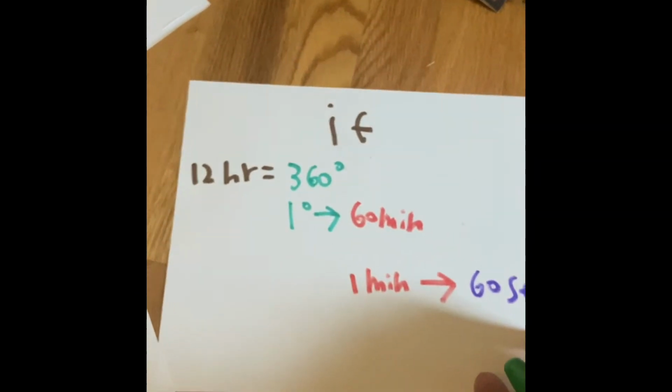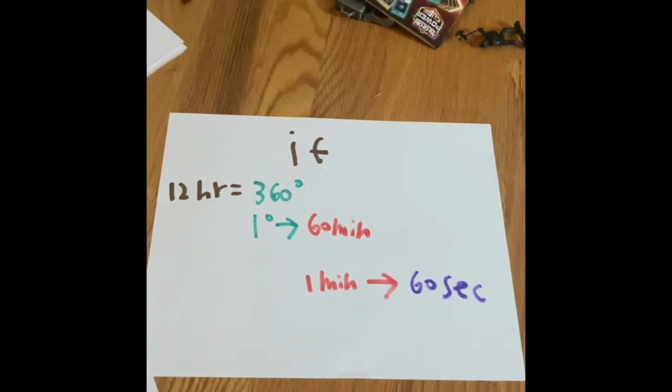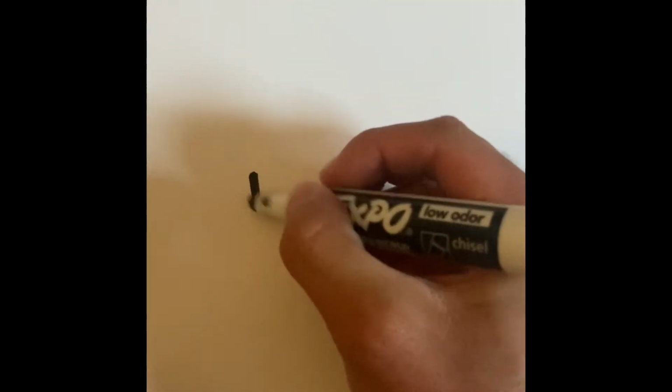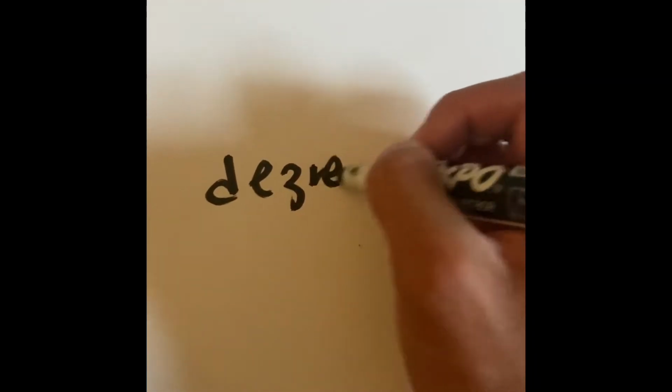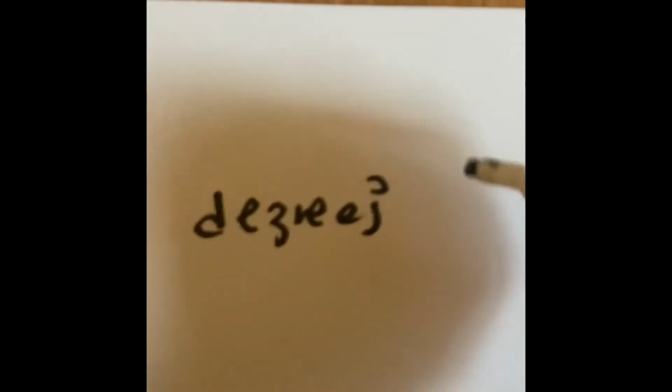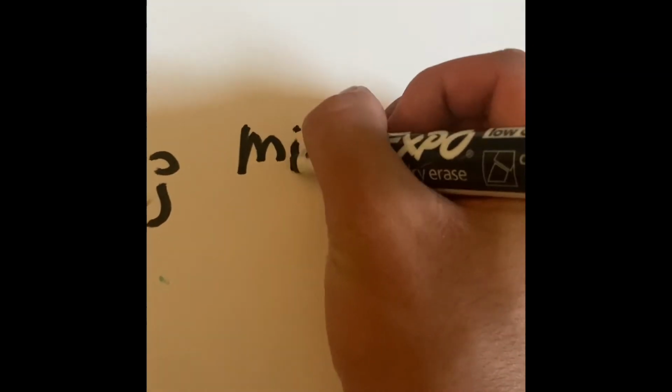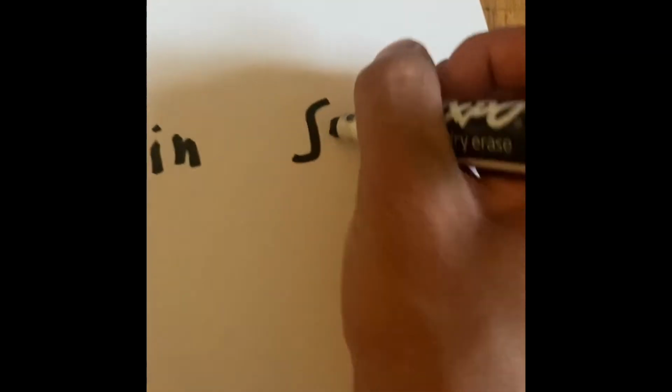So, that is basically what we have to know about: the number of degrees, the minutes that have passed, and the seconds that have passed.